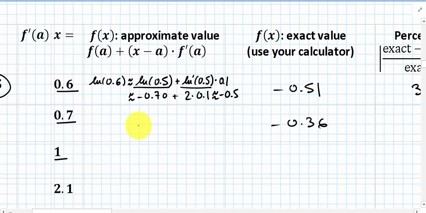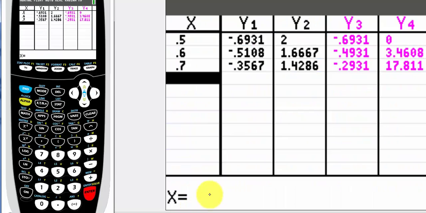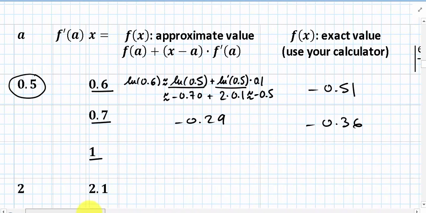And the percent relative error is 17.8%.